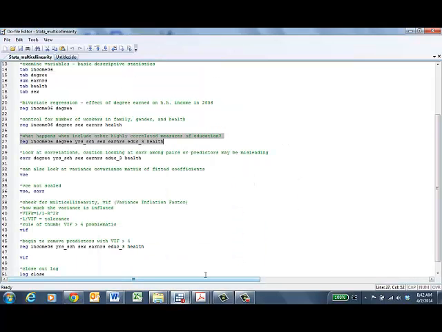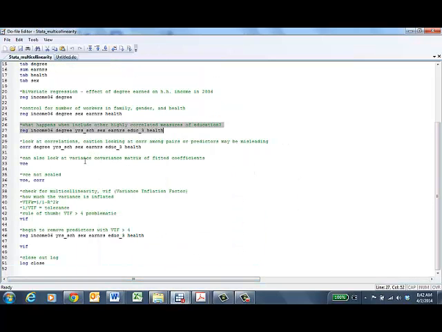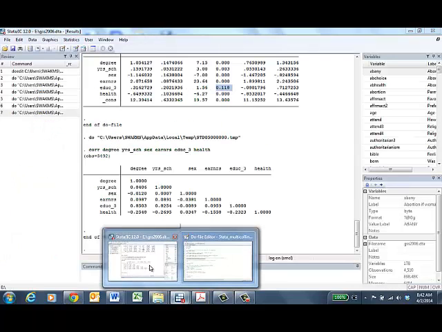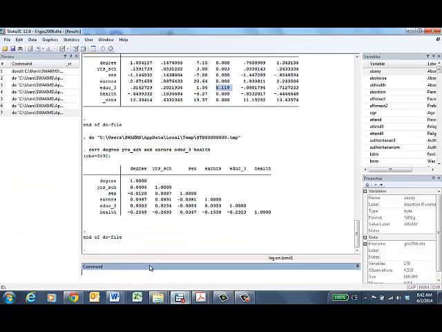So to try to detect this further, you can start by looking at correlations in the raw data. And as we suspect, years of schooling and degree earned has a positive correlation.